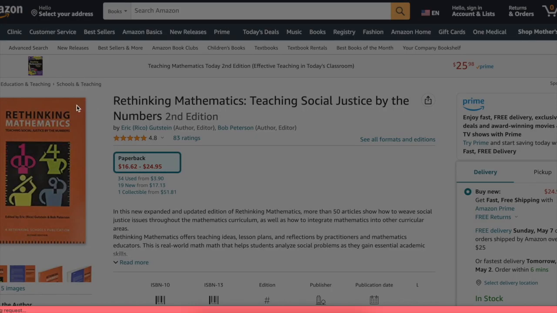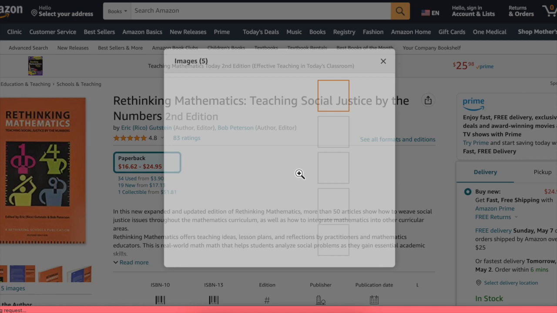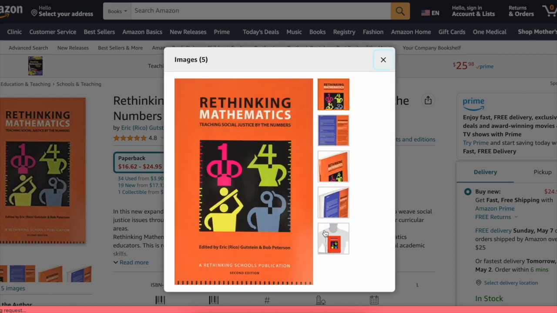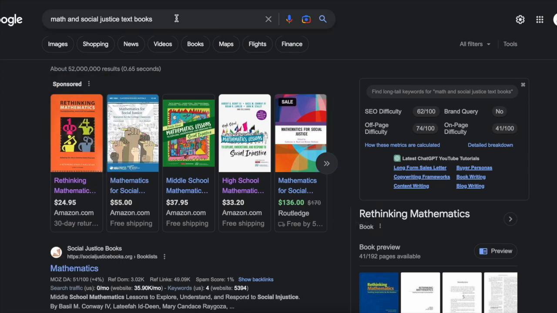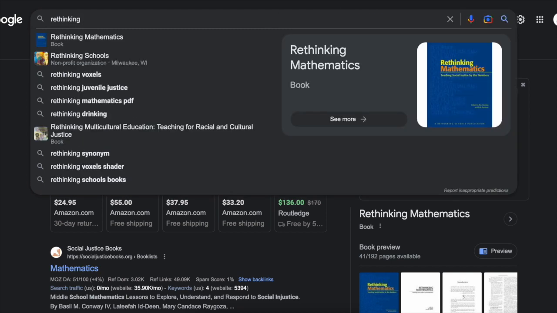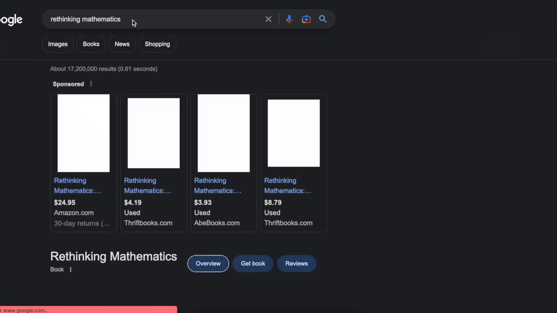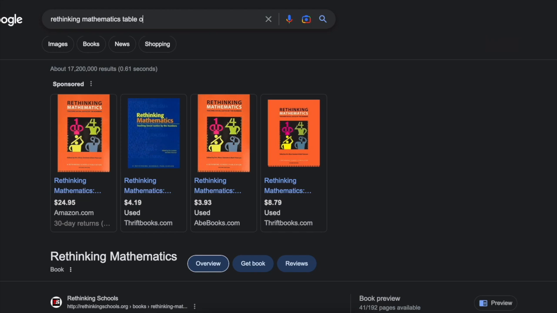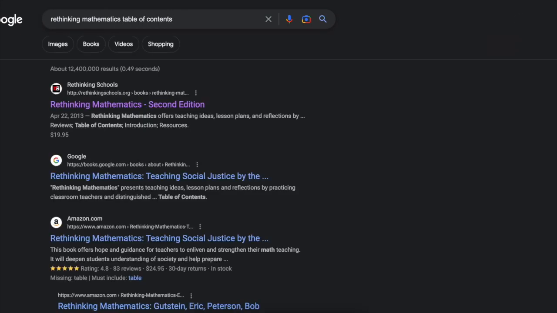Maybe one of these 5 images is a table of contents, but I don't think so. Yeah, nope, it's not. So what would I do here? I would type in Rethinking Mathematics. Here we go. And I would go one step further: I would search for the book title and table of contents.